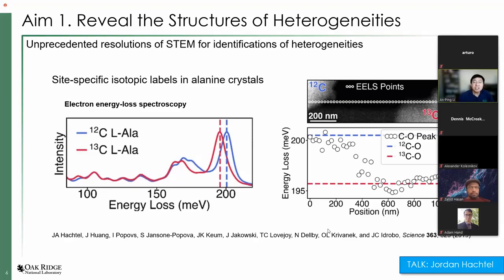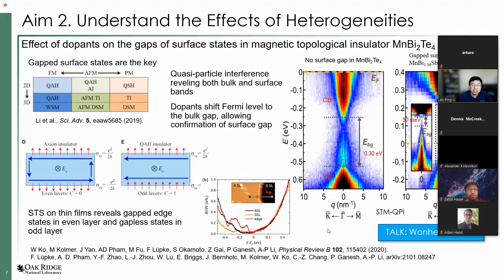To understand the effect of heterogeneities, Wang He Ko and our STM group have been using the quasi-particle interference approach to study a magnetic topological insulator, like manganese bismuth telluride. With this approach, we can visualize both the topological surface states and also the bulk states.